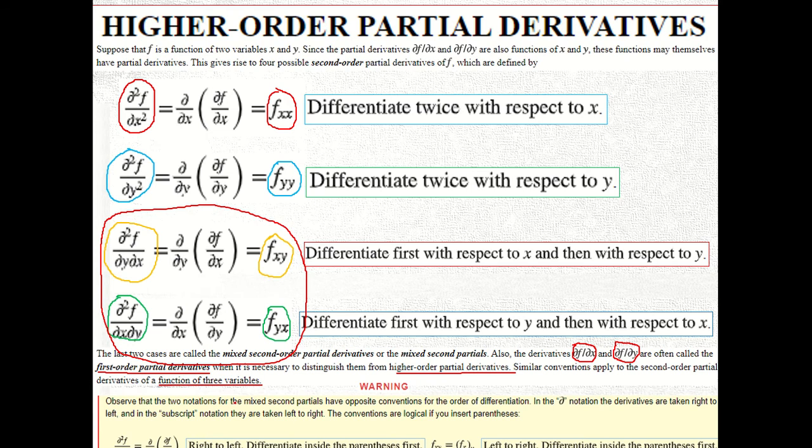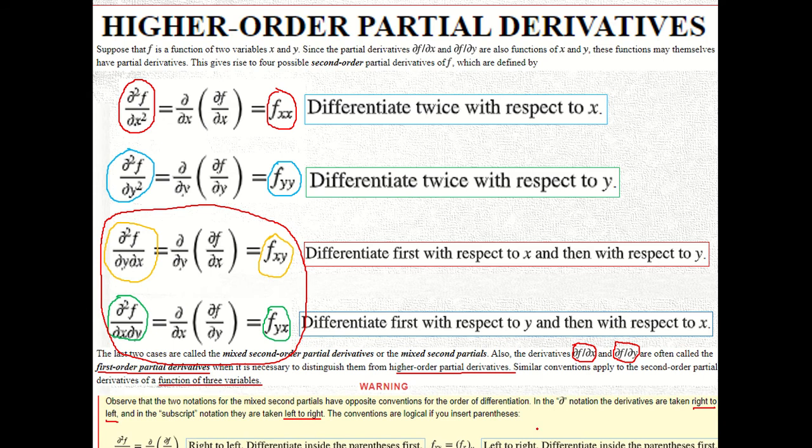Observe that the two notations for the mixed second partials have opposite conventions for the order of differentiation. In this notation, the derivatives are taken right to left. So take note, right to left. In the subscript notation, they are taken left to right.